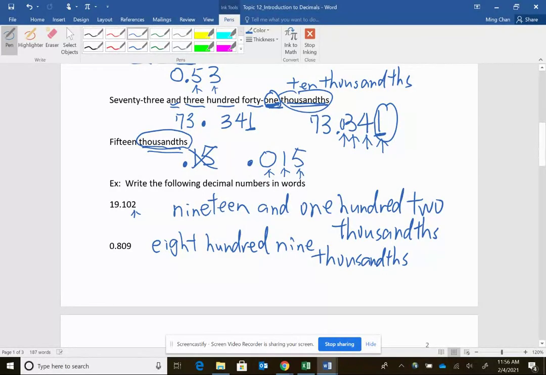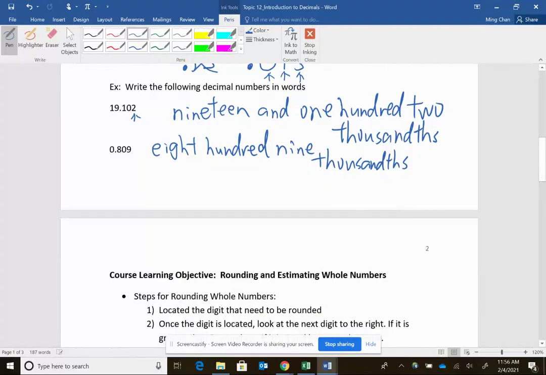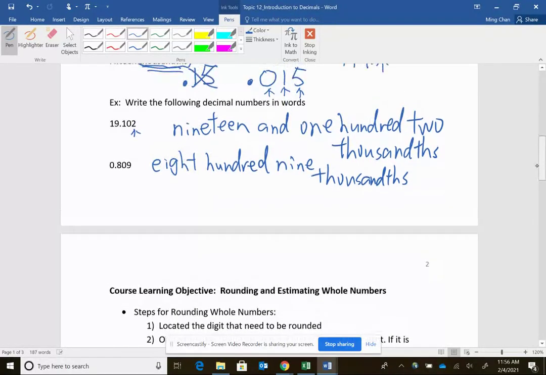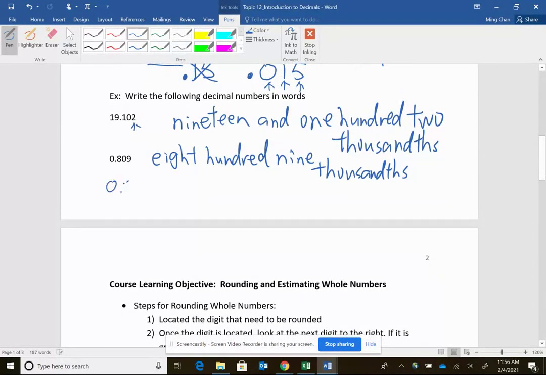Okay. If you can read decimals properly, it's equivalent to writing a decimal in terms of a fraction. I will give you a quick example right here. 0.2.